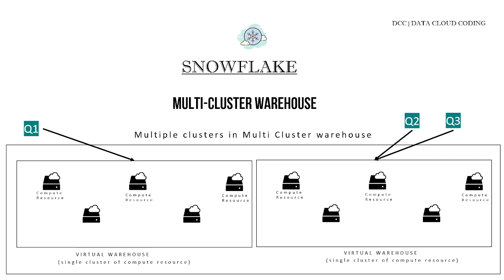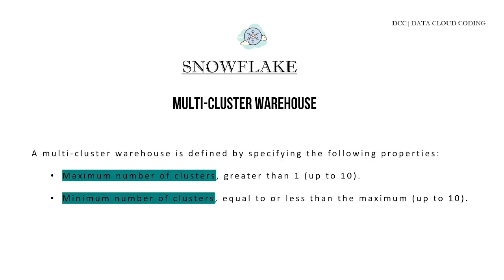Whenever we define a multi-cluster warehouse, we have to specify two properties: the maximum number of clusters, which can be up to 10 and has to be greater than 1, and the minimum number of clusters, which is equal to or less than the maximum, and also up to 10.